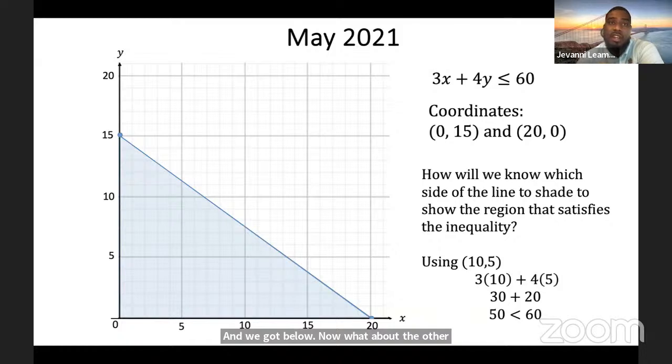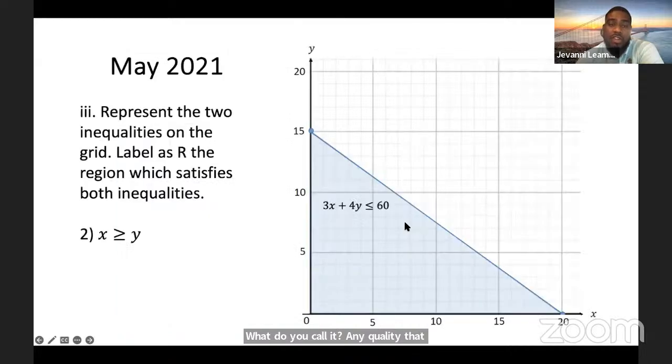Now, what about the other inequality, x is greater than or equal to y? So this is one of them. What about this second inequality? Where should I draw my line? What are the coordinates that I could use to draw this line?